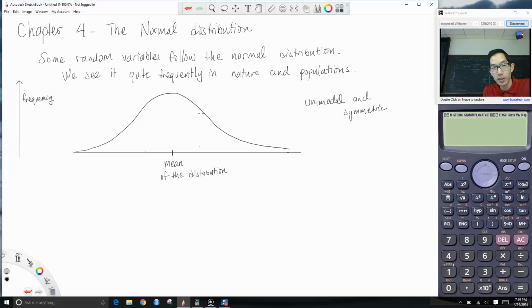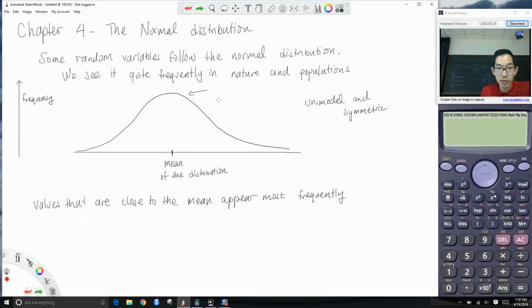And so what we see is that values close to the mean appear most frequently, and values far from the mean, out here, would be rare.